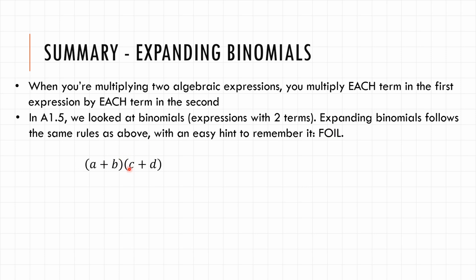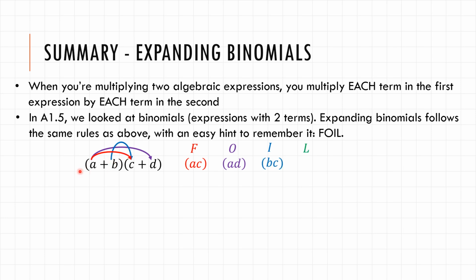What is FOIL? Well, when you have a binomial, so this is two terms, being multiplied by another binomial, which is two terms, you multiply the first two terms together. So A is first, and so is C. A is the first term in this one, and C is the first term in this one. So I'll multiply the first two, A times C. Then the outer two, A times D. Then the inner two, B times C. And then the last two.